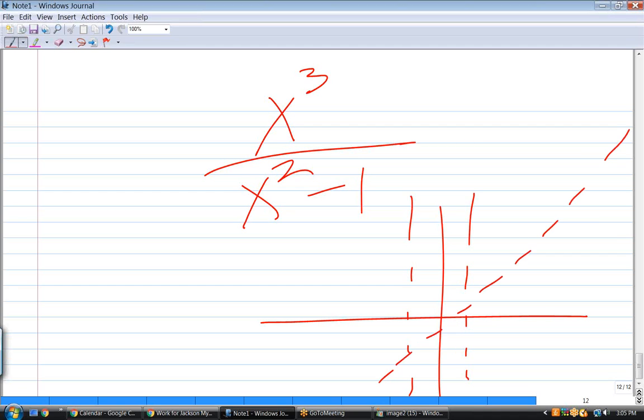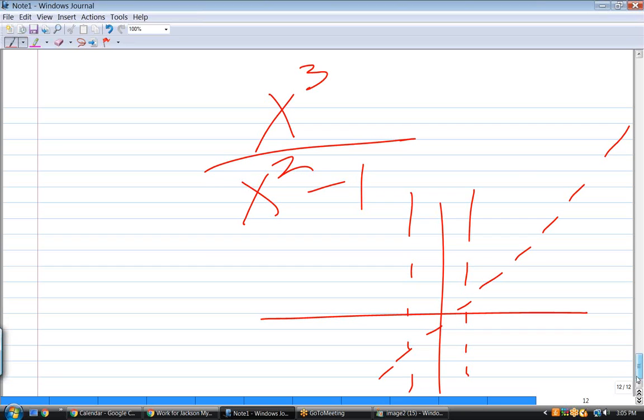And then the function goes in between or on this grid of asymptotes. This function might look something like that. And then down below, you might have that, and then up above, you might have this.